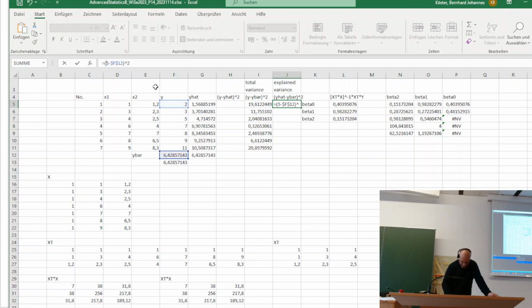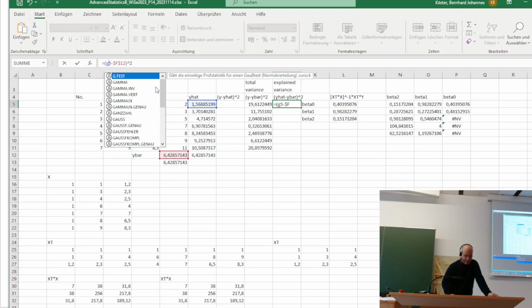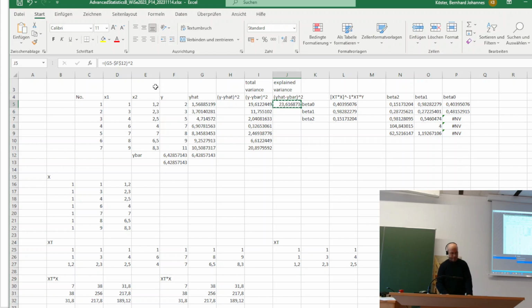So interchanging this with G, we obtain all the single squared distances, and the total variance is then the sum of all these numbers.